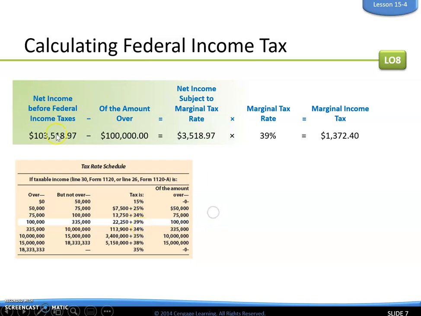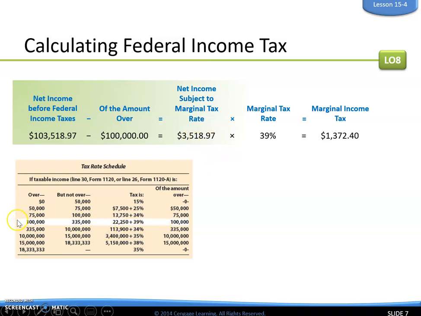Here's how we're going to figure that out. They have it written up here for us. We're going to take our net income that we figured out when we were adding up that adjusted trial balance. Here's our net income, and we're going to subtract the 100,000. That gives us our net income that's subject to that marginal tax rate, 3,518.97.